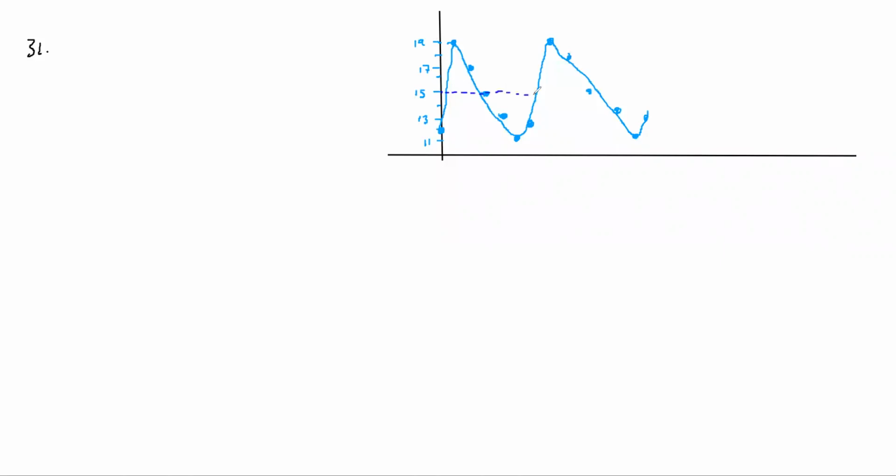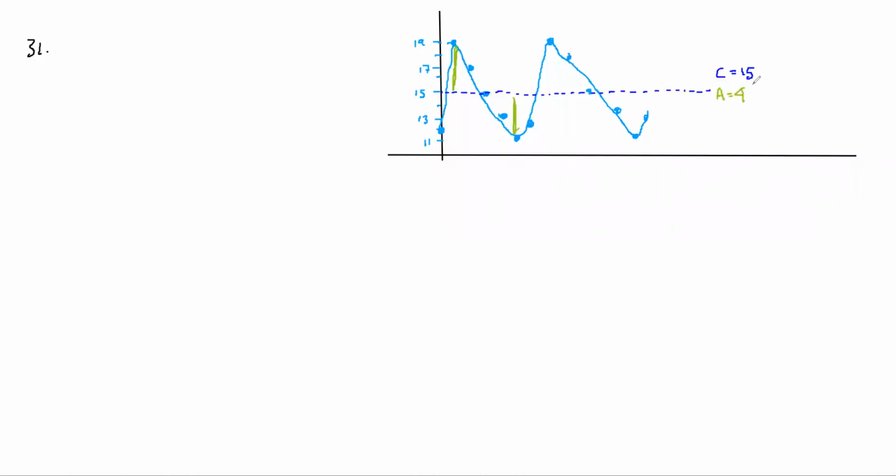So I know that my vertical shift is equal to 15. Then what is going to be my amplitude? 4. My amplitude is going to be from here to here. Amplitude is equal to 4.